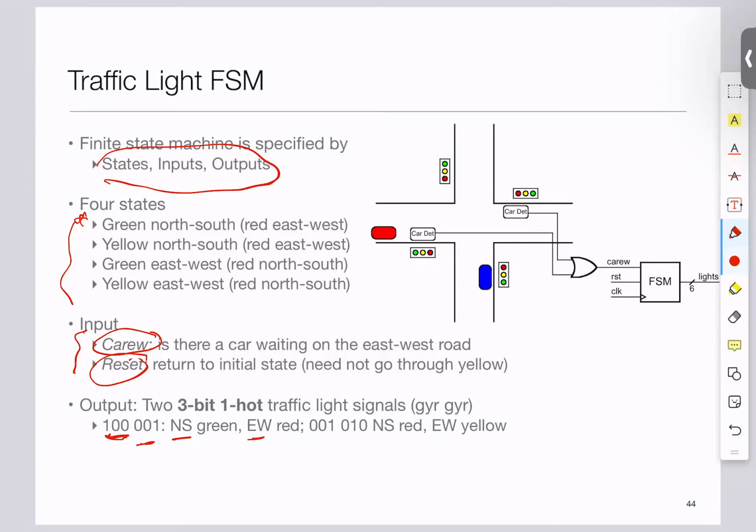Next step is, remember, the finite state machine had those 6 things, right? It had the starting state, we know that. It had the set of states, we know that now. It had the set of inputs, and the set of outputs, we know those now.